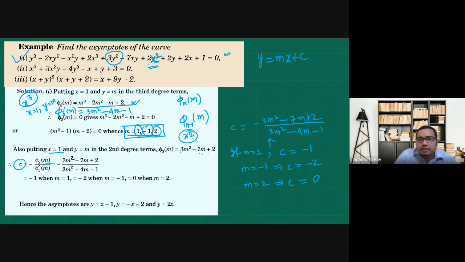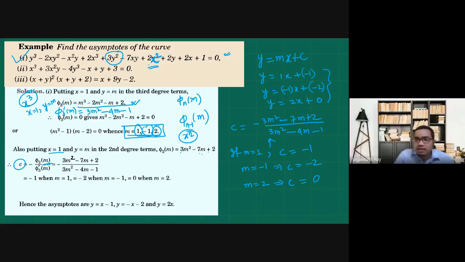So the three asymptotes will be y equals to mx plus c. We'll put the values: y equals to 1x minus 1. Y is minus 1x minus 2. Y is 2x plus 0.